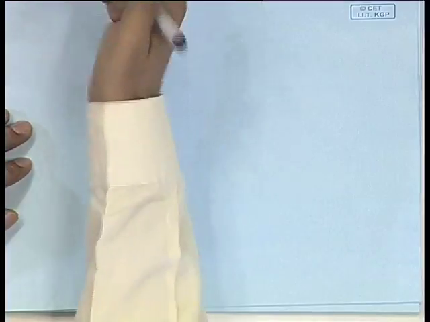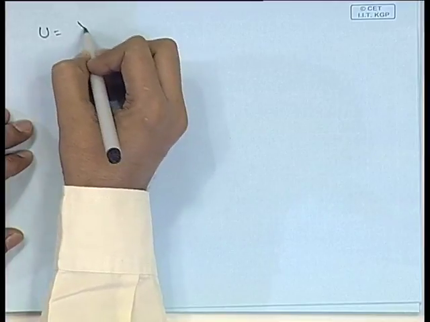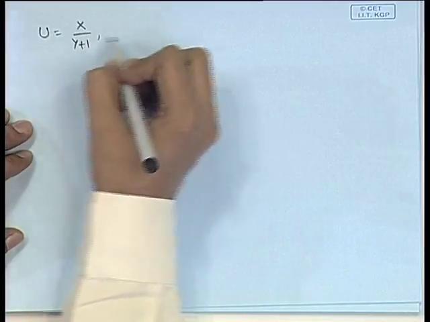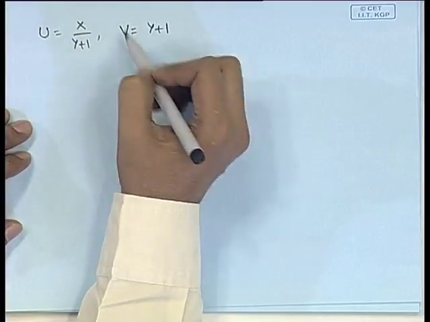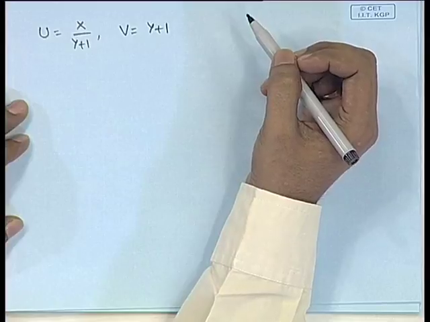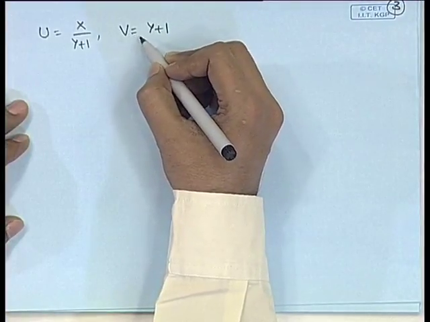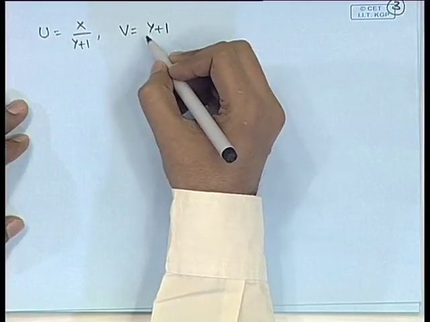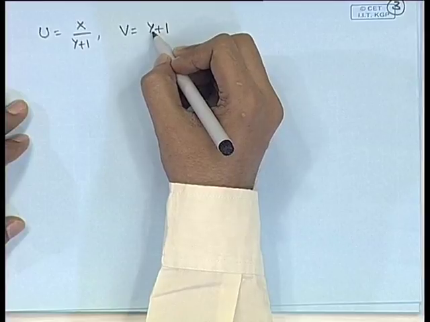Let us take another case here. Suppose I define U = X/(Y+1) and V = Y+1. I want the joint distribution of U and V here, where X and Y follow independent binomials. So, here you look at the set of values. Since Y is binomial(n, p), Y takes values 0, 1 to n.